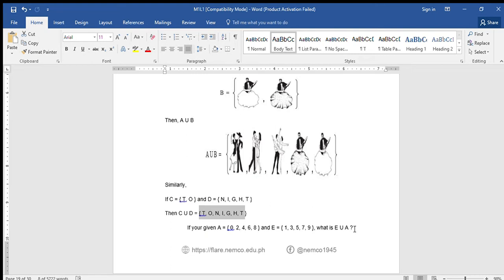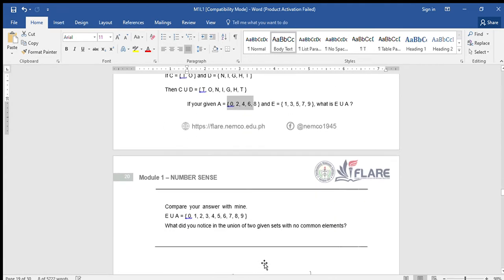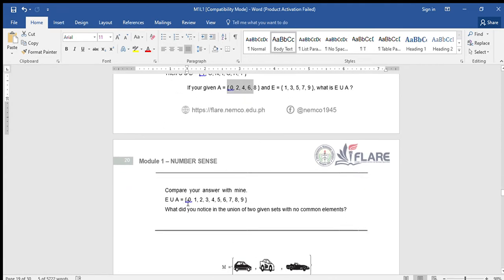Can we istorya kung unsa to ng mga elements? We have si E. Unahon na to si E, no? Natay 1, 3, 5, 7, 9. And then 0, 2, 4, 6, 8. Or 0 to 9. 0, 1, 2, 3, 4, 5, 6, 7, 8, 9. Ano nga to? E union A. So, unsa may dyan na notice in the union of two given sets with no common elements?